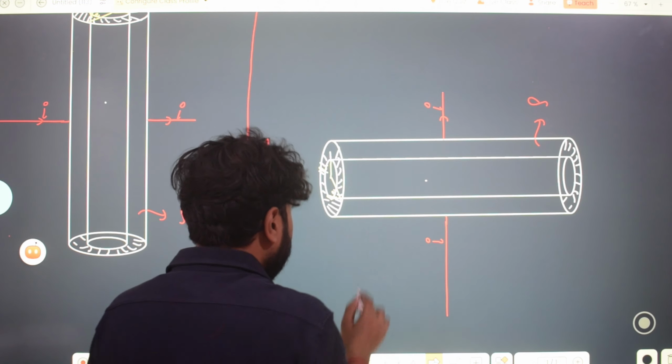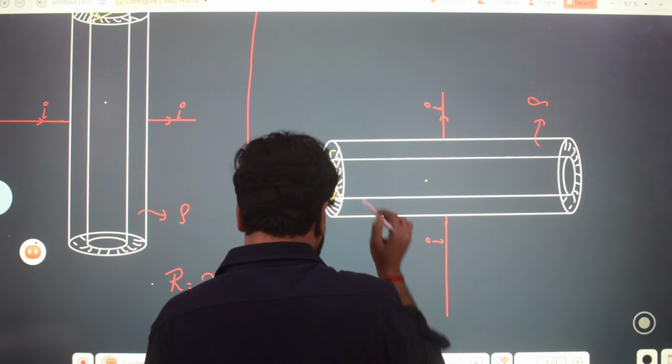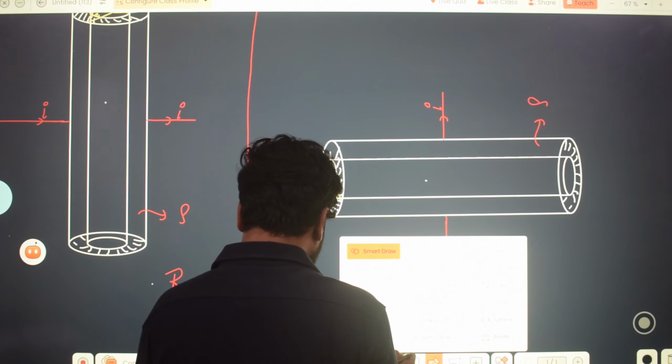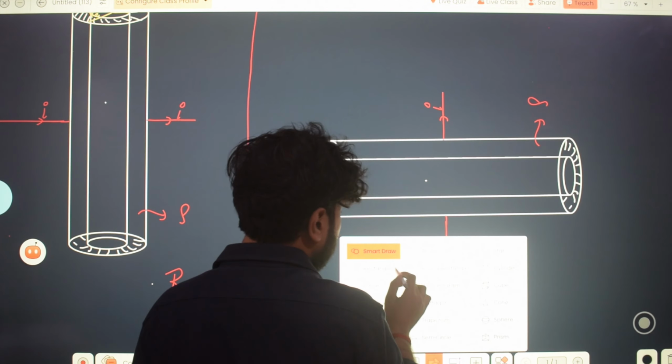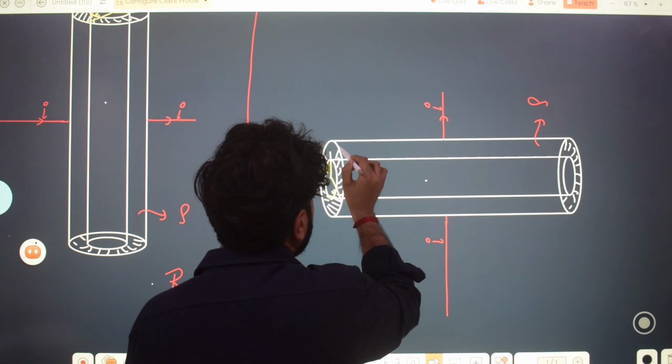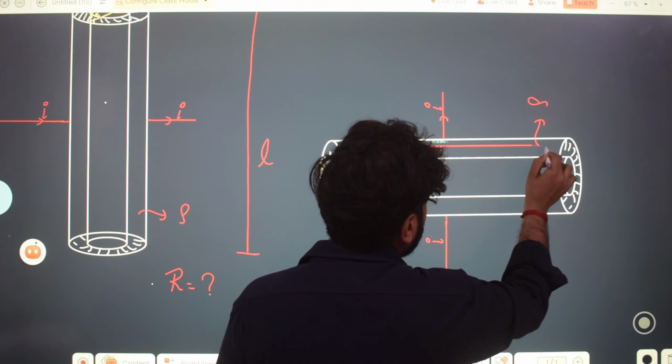take an elemental section. Again, as I told you, the current is uniformly distributed. Let's say I took this elemental section.